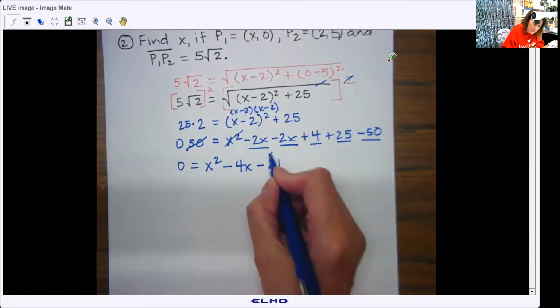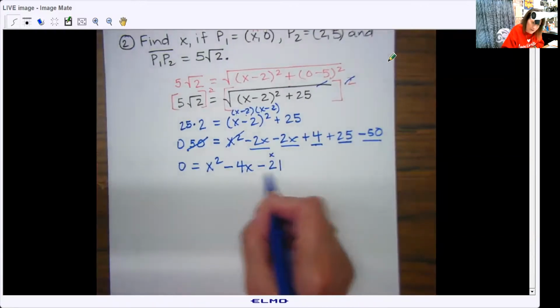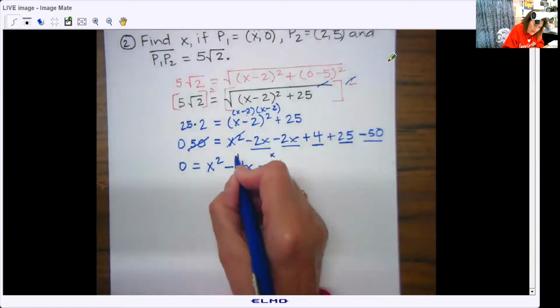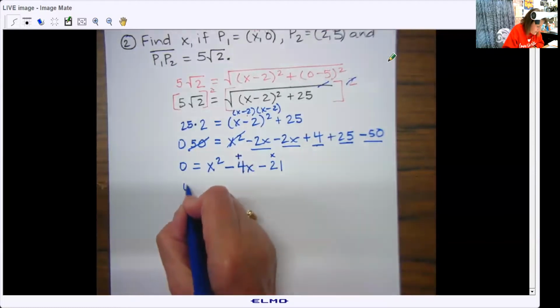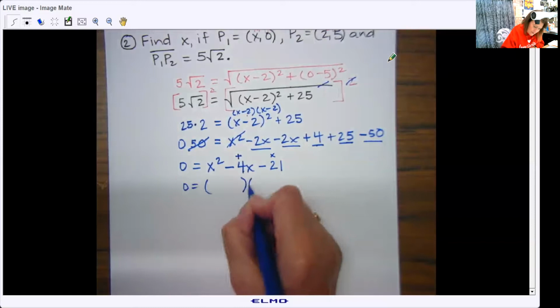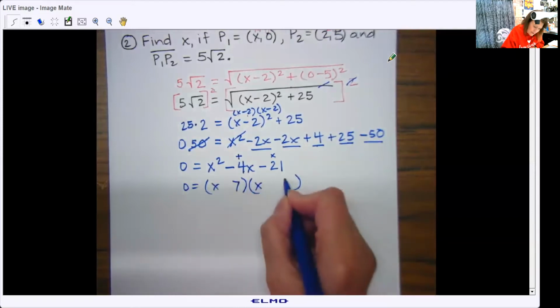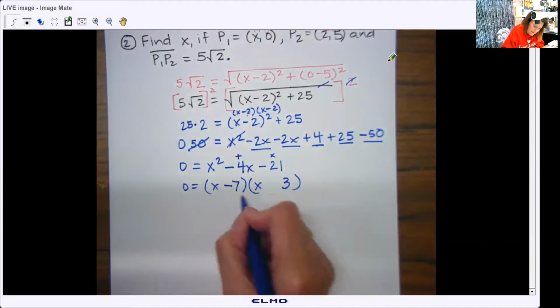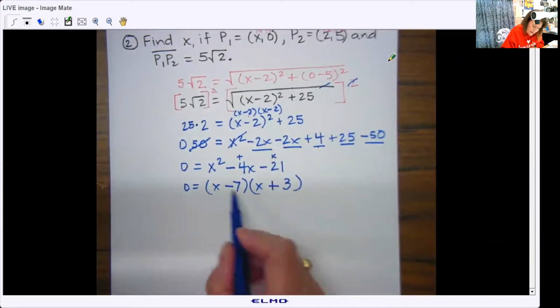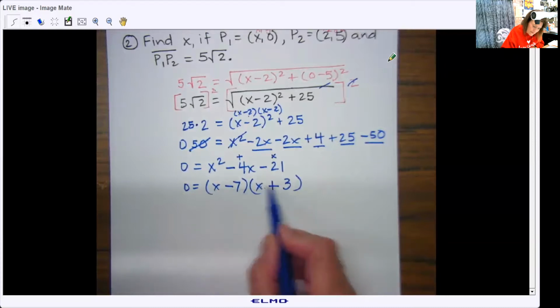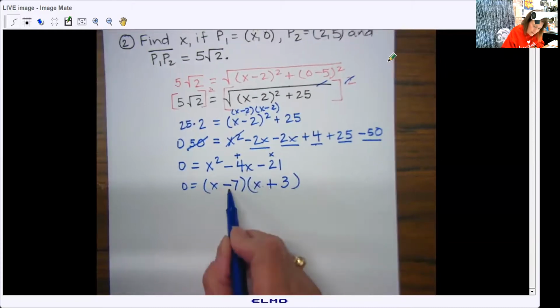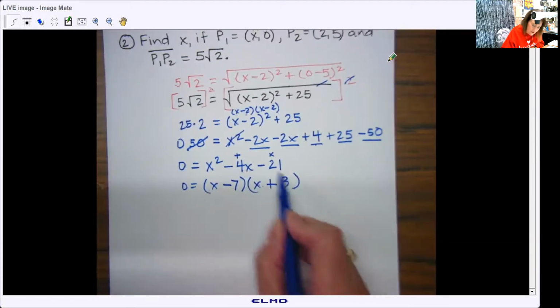So are there two numbers that multiply to give you negative 21 and add up to negative 4? I think there are. Let's see. That's going to be 7 and 3 give you 21. I want -7 and +3. Let's check it. x squared minus 7x plus 3x is -4x. -7 times 3 is -21.